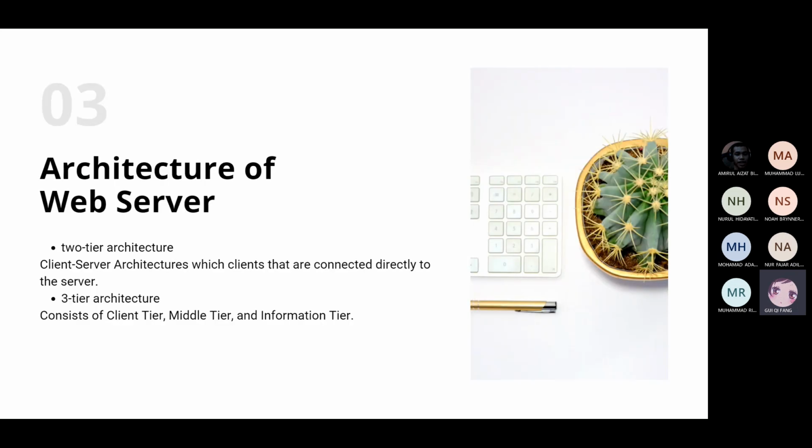The architecture of the web server can be of two types, which are 2-tier and 3-tier. The 2-tier architecture is the client and server architecture, where the clients are connected directly to the server, while the 3-tier architecture consists of the client tier, middle tier, and information tier.